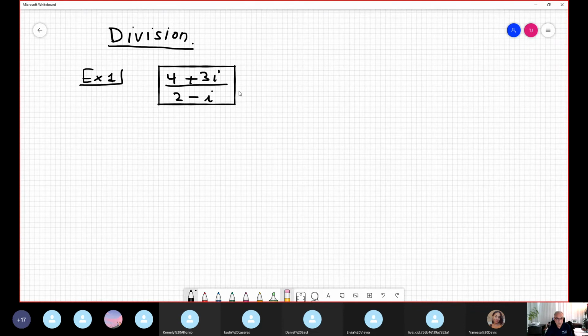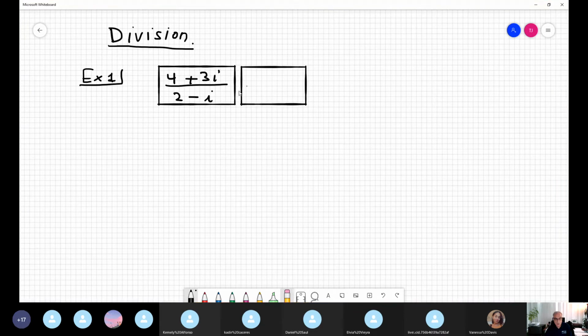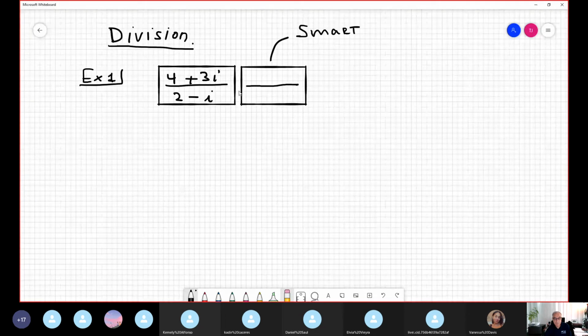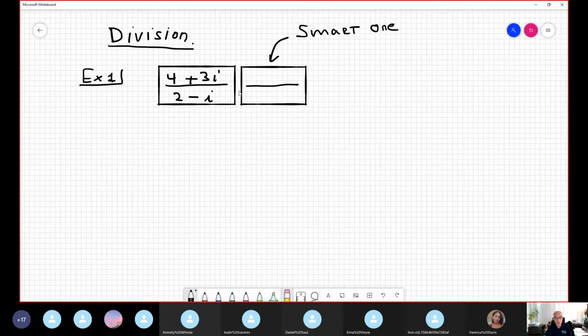The professor wants me to do that, so I create here another thing. It is a smart one. It always helps me to simplify the division. Create a smart one. How do we create the smart one?